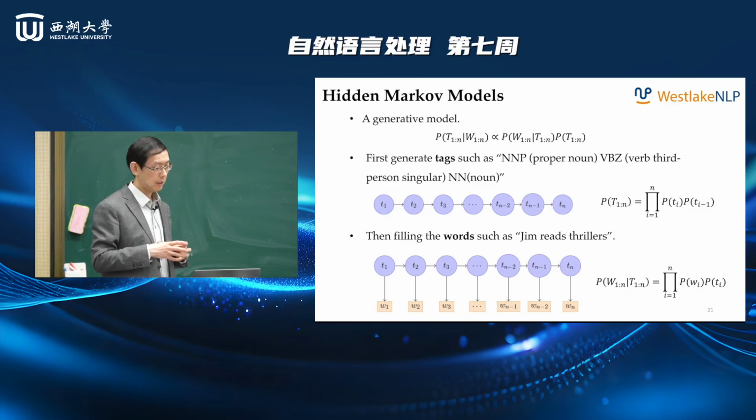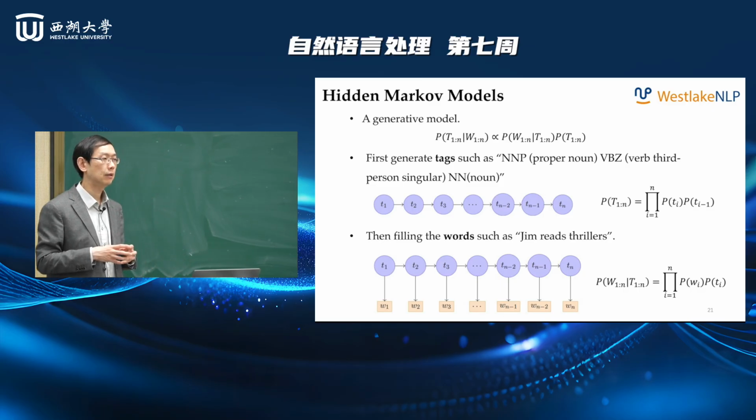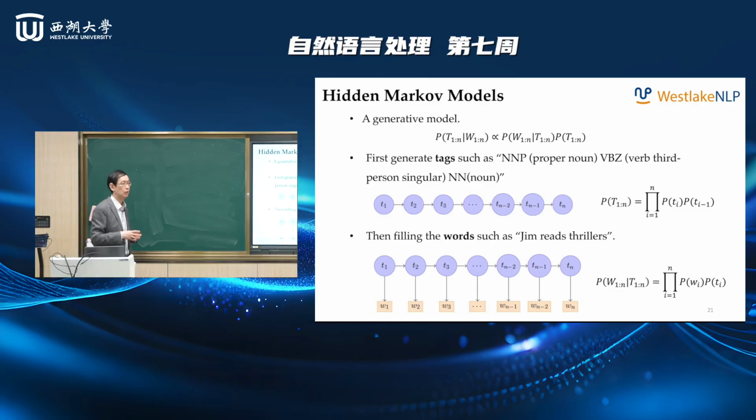And the second part, I generate every word dependent on the current tag, okay? Okay, so every arrow indicates a probability dependence, right? Again, if you read chapter 12 on your own, the Bayesian network, you realize all these generative models are Bayesian networks.